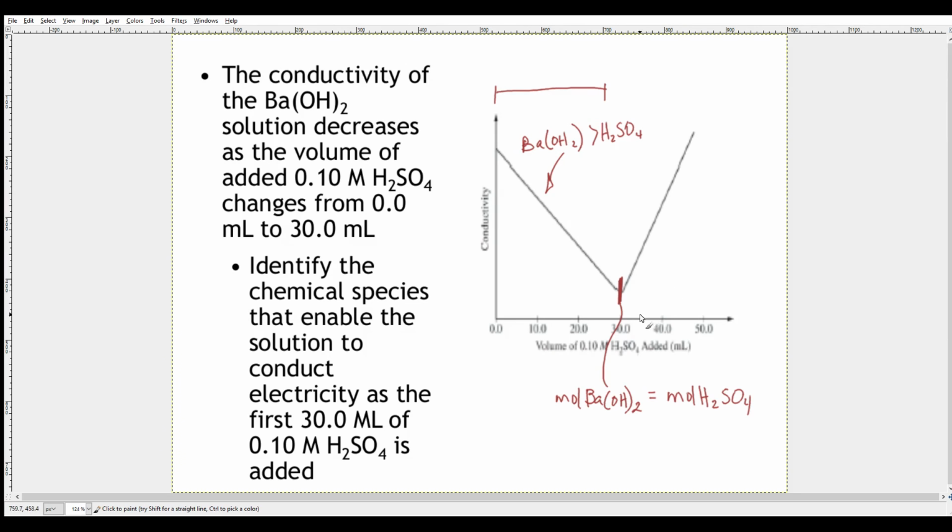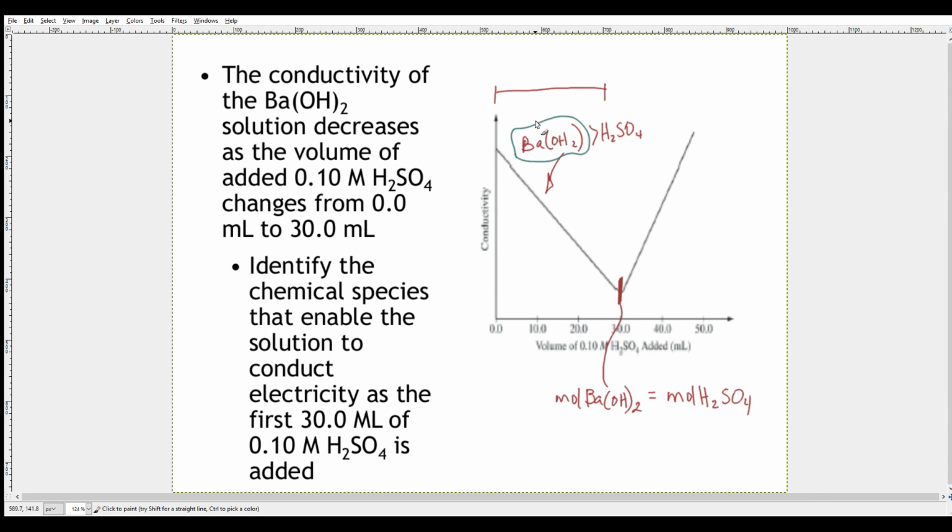Okay, so if that's the case, which one of these is allowing us to conduct electricity? Our barium hydroxide is. As we add the sulfuric acid, it's all getting used to neutralize whatever barium hydroxides it can attach itself to. However, there isn't enough sulfuric acid to neutralize all of the barium hydroxides until you reach this equivalence point.